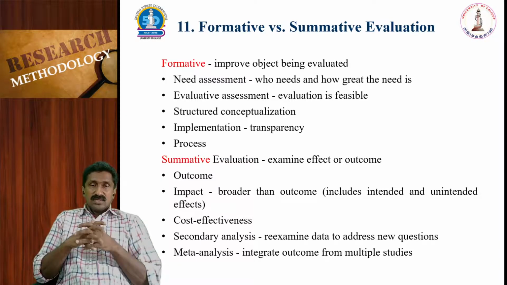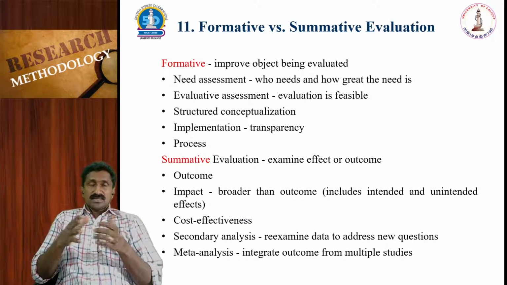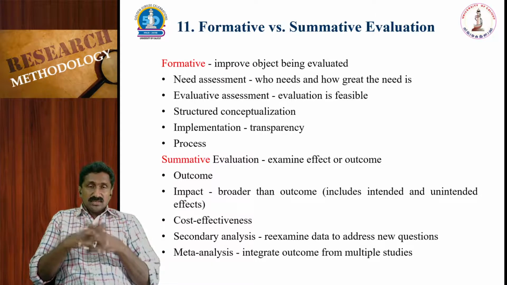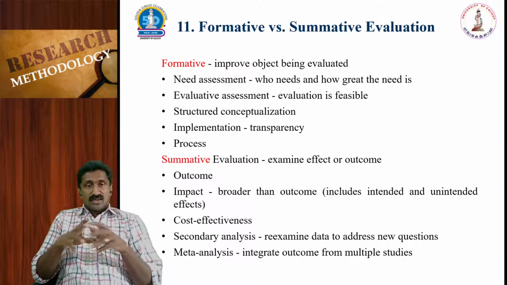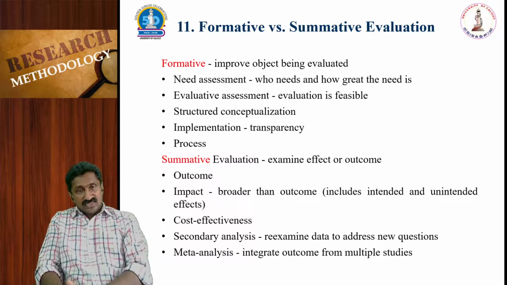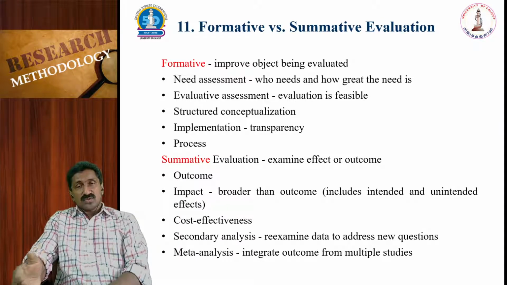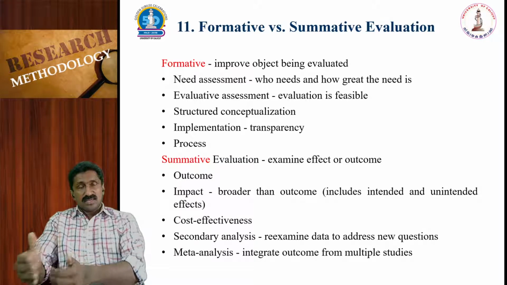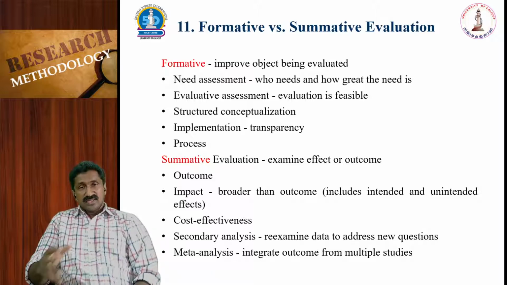One example is Covishield. Initially they said 4 weeks; after 4 weeks, you can have the intended effect. And now, after secondary analysis of the outcome, they say that it is effective at 12 weeks, with the second dose taken after a 12 week interval. That means it is more effective at that stage.